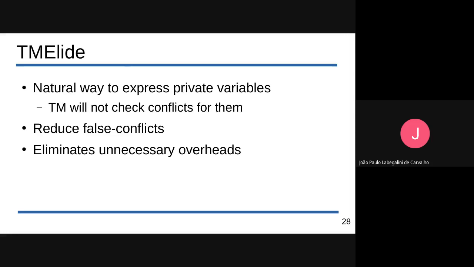And by allowing this expressiveness, we can rely on the transactional memory to not check conflicts on those variables. When those conflicts are not checked because they are not necessary and will never happen, we reduce the amount of false conflicts in the application. And that eliminates most of the unnecessary overhead we see from automatically instrumented transactional code.